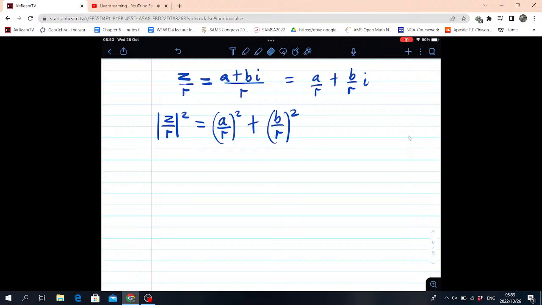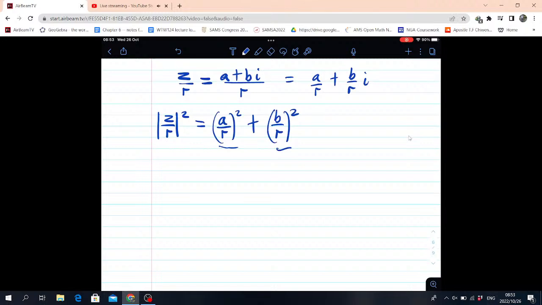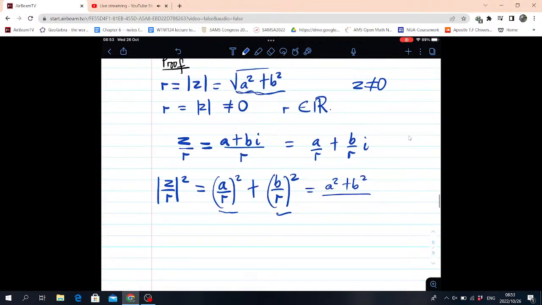We get this scenario because in this case our complex number is z over r. If you calculate this, the top part will be a squared plus b squared. If you look at the bottom, if you square r, you get a squared plus b squared, which is going to be equal to 1, like that.